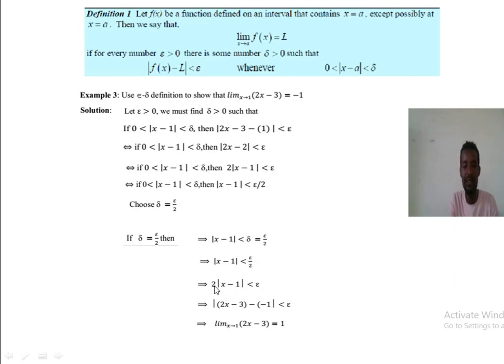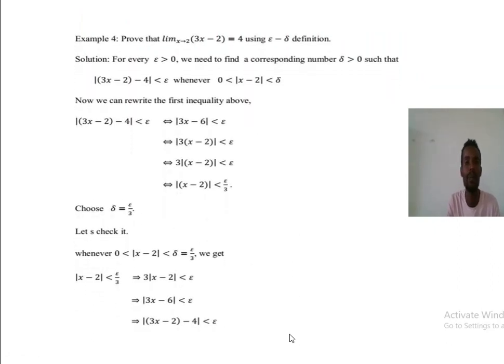Again, this is absolute value of 2x minus 2, and minus 3 is the same as minus 3 plus 1, so we have absolute value of 2x minus 3 minus negative 1 is less than epsilon. But this is the same as saying the limit of 2x minus 3 as x goes to 1 is minus 1 using the definitions.